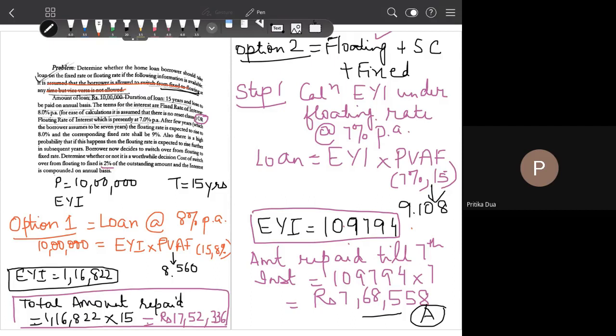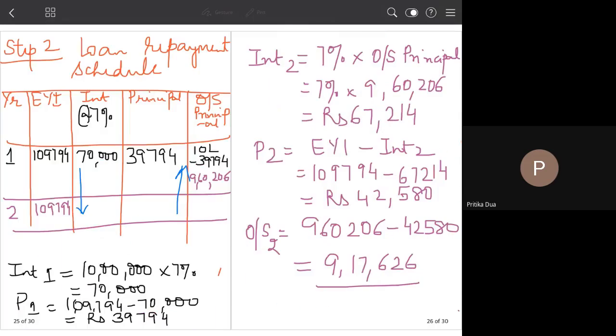Now he will switch from floating to fixed rate of interest. What we need to calculate in step 2 under option 2 is the loan repayment schedule. Why are we calculating the loan repayment schedule? Because we need to know the principal amount of the loan outstanding at the end of the seventh year.